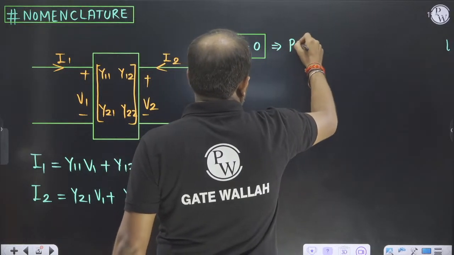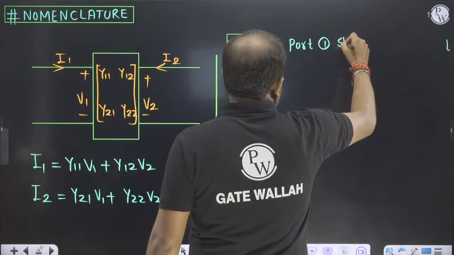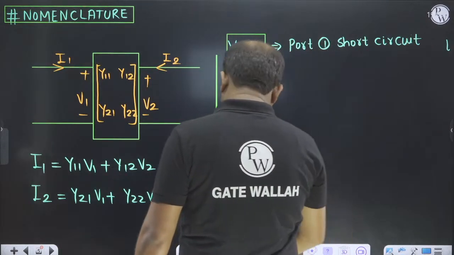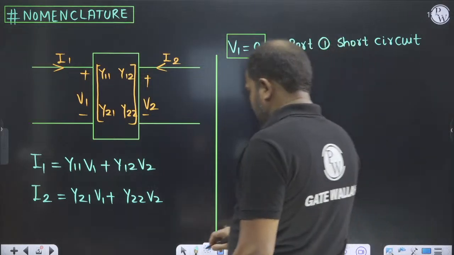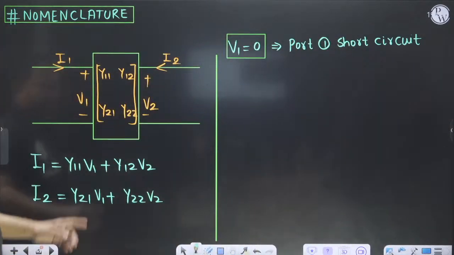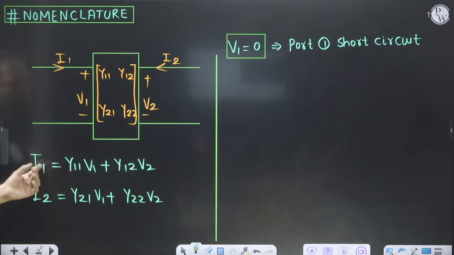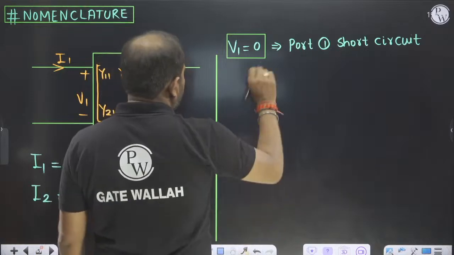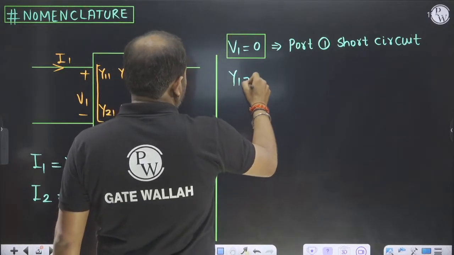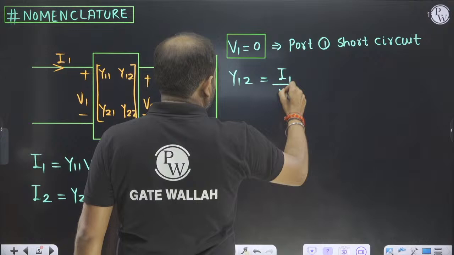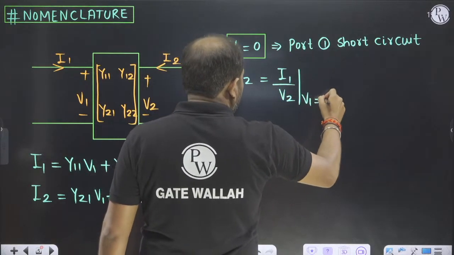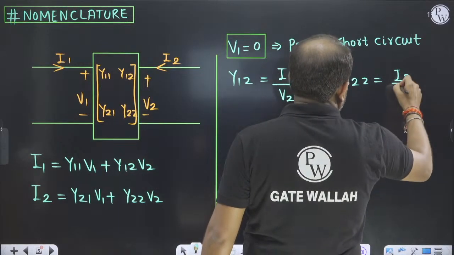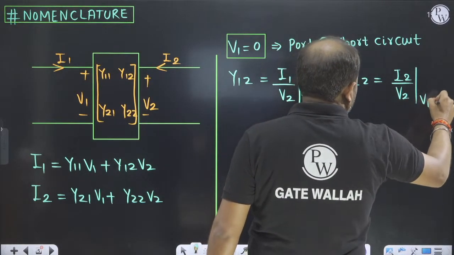Then if V1 is equal to 0, we will understand V2: I1 upon V2 and I2 upon V2. So Y12 is I1 upon V2 with V1 equal to 0. Then Y22 is I2 upon V2 with V1 equal to 0.